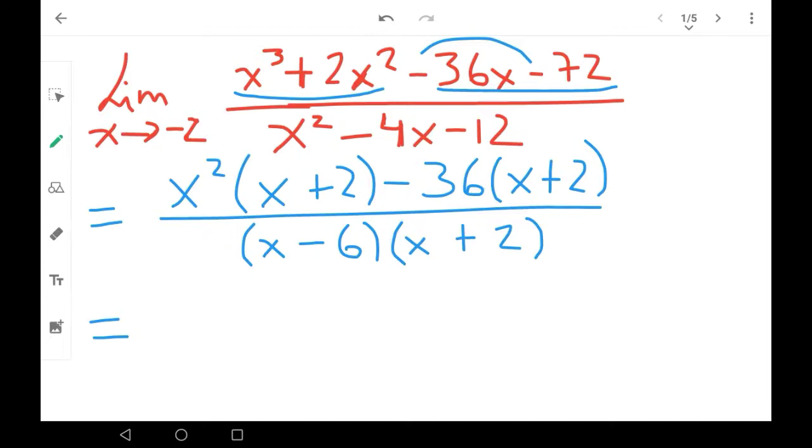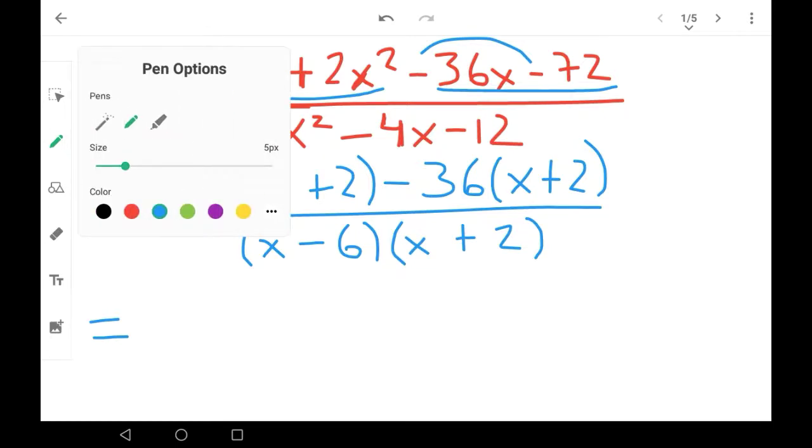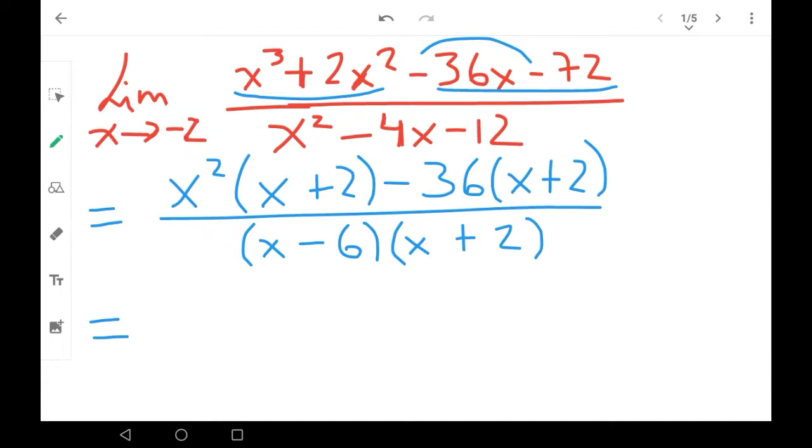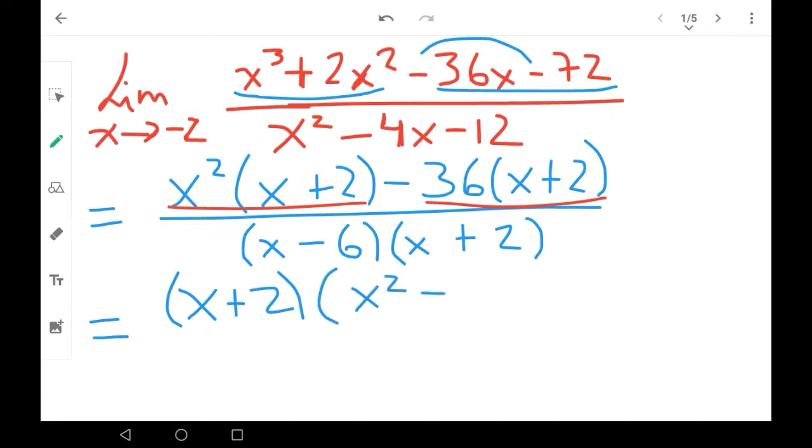Now I have to factor the numerator again and look at what term this factor and this other one have in common. I can see that in both factors the x plus 2 is repeating, so I can factor x plus 2 from both, and now I will end up with x squared minus 36, the thing that is missing for each factor.